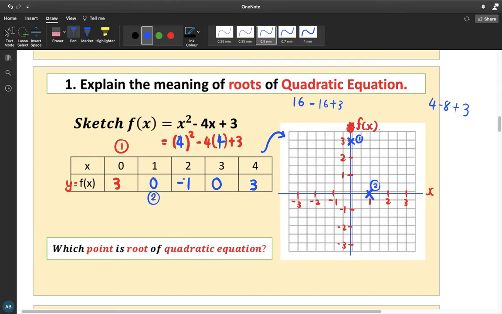And then thirdly, x is 2, f(x) is minus 1. So, it is here. Next, kita tengok x is 3 and f(x) is 0. So, that one will be here. I will go through this very quickly since I assume semua dah okay lah menggraf-graf ni. Right, so this is the last point that we have.